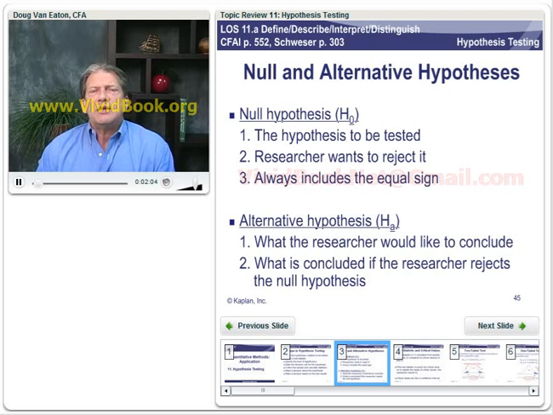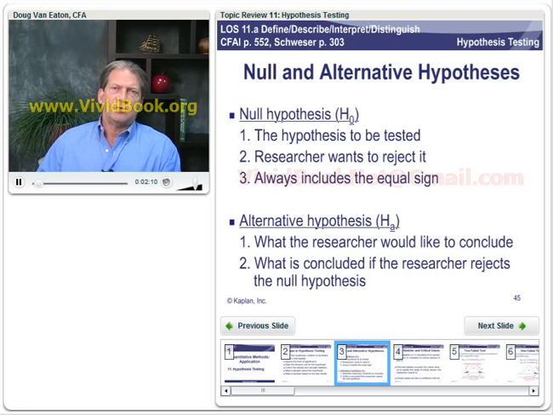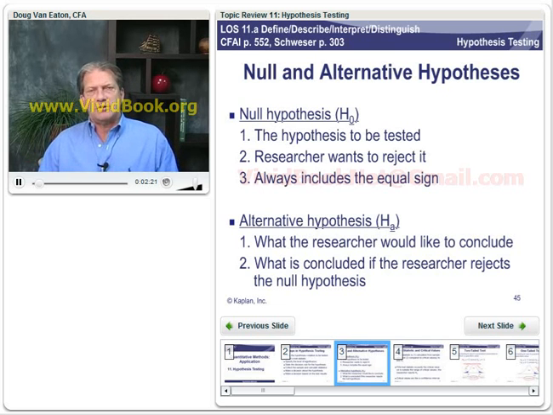Because if we can reject that in favor of the alternative hypothesis, that's what the researcher would like to conclude or prove, that the risk-adjusted returns on average are greater than 0. So we want to reject the null hypothesis that they're less than or equal to 0.